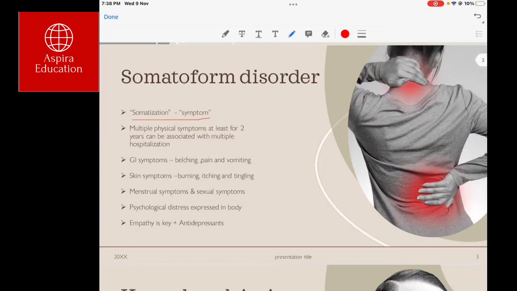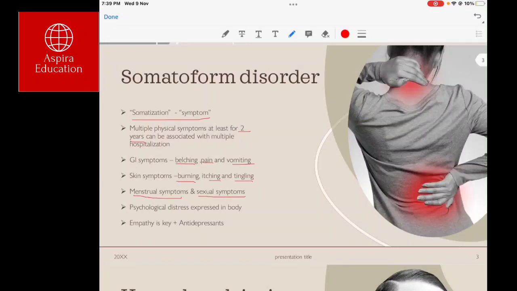So usually these patients keep coming to the doctor for multiple symptoms. Sometimes they may have some GI symptoms such as belching, pain, vomiting. Sometimes they may present with skin symptoms such as burning, itching, or tingling. There can be times where they present with hypomenorrhea, oligomenorrhea, or menorrhagia.